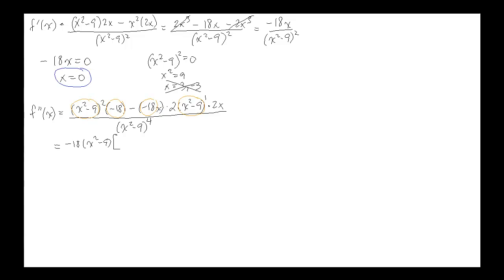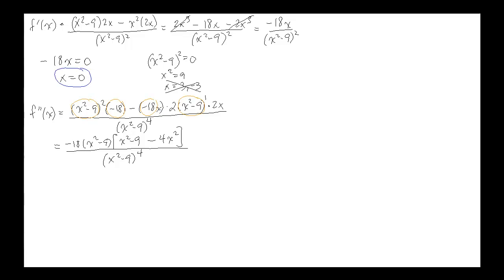Okay, so let's take it one piece at a time. The x squared minus 9 squared times negative 18. Well, I only took out one factor of x squared minus 9, and I have 2 in that first term, so that leaves 1 x squared minus 9, and I took out the negative 18, right? Okay, now minus, took out the negative 18, so that's gone, and then I got 2 times x times 2x, that's 4x squared, and I took out the factor of x squared minus 9, so that's what's left behind, all over x squared minus 9 to the 4th.